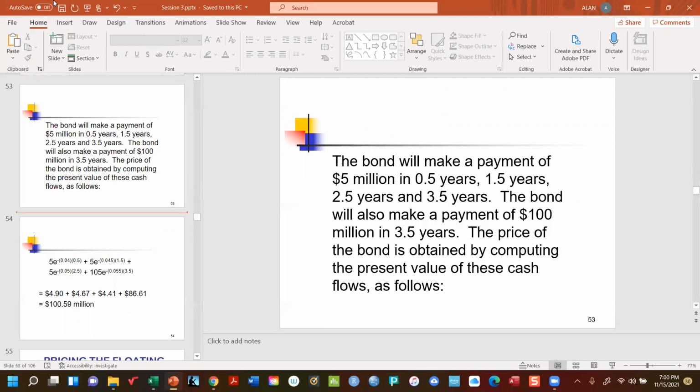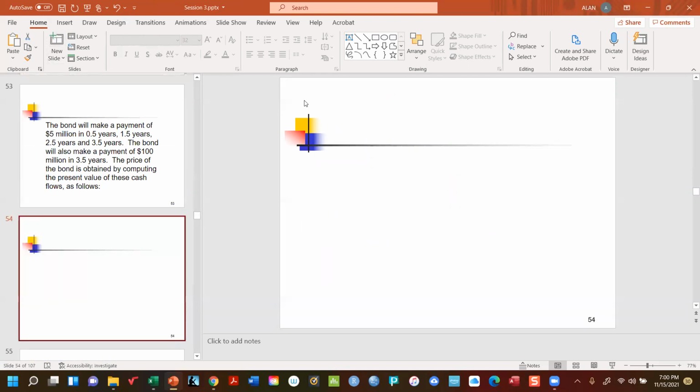Let's try that. So let's say this is today. Now, normally with these timelines, the time index is usually set at 0 for today.